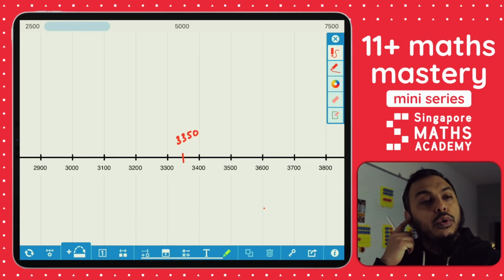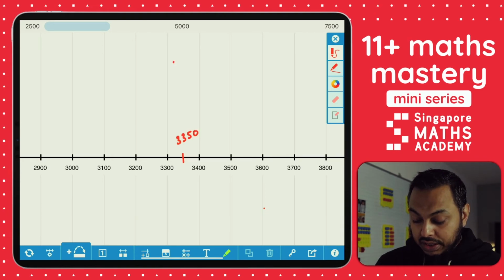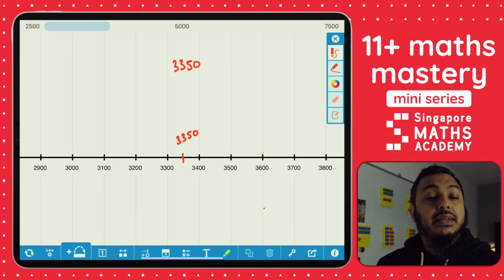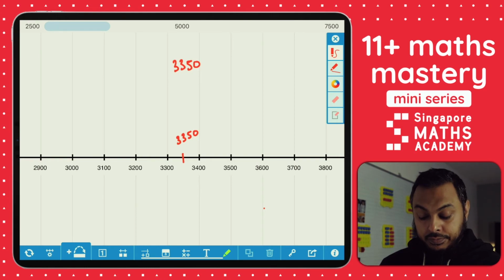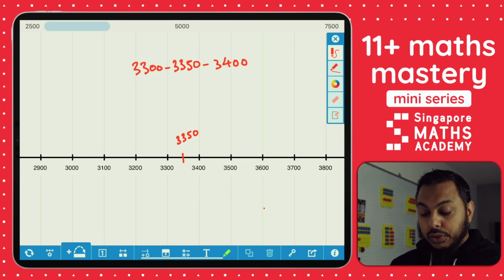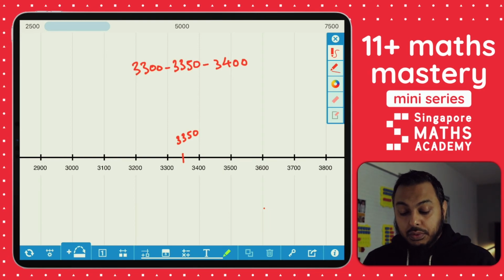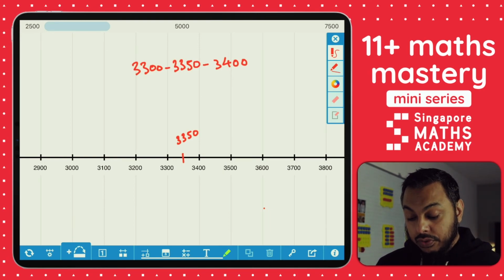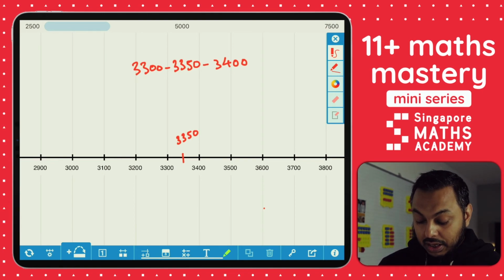The first thing is we have to think about which two hundreds 3,350 lies between. 3,300 and 3,400. So 3,350 is right in the middle of 3,400 and 3,300. And we know that it's 50 away from 3,300 and 50 away from 3,400.